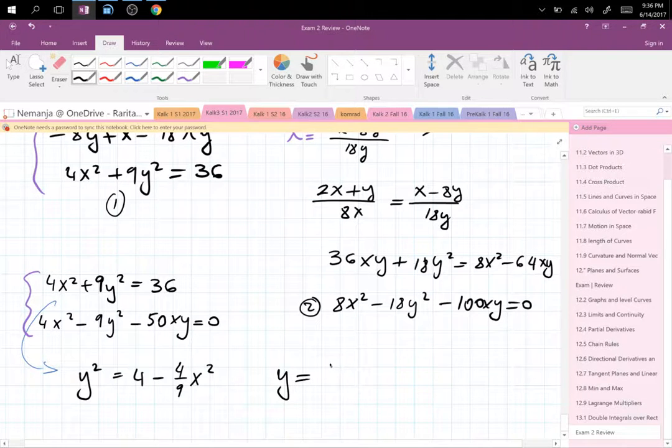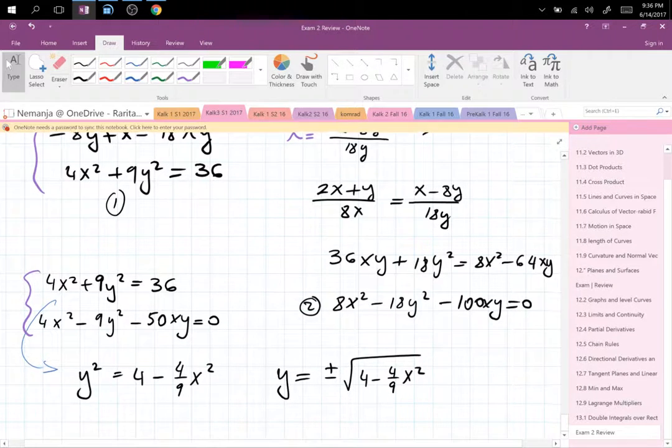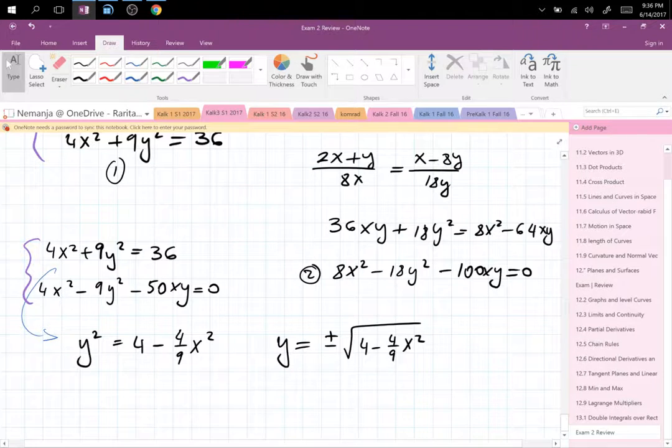From where y is equal to plus minus square root of 4 minus 4/9 x squared. And now you plug both of those in the second equation, and then good luck with algebra.